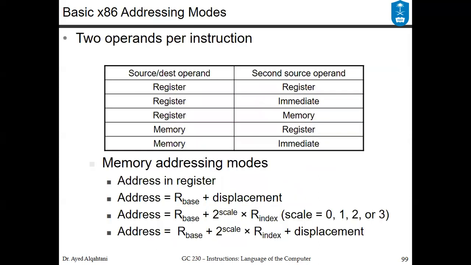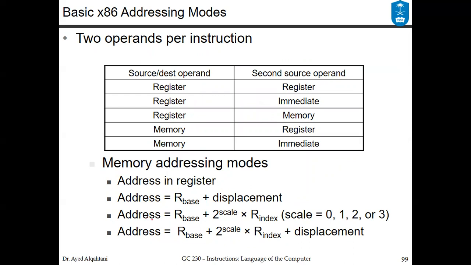Next, we have the addressing modes. We have 2 operands per instruction. Remember, in the MIPS, we have 3 operands, 2 source and 1 destination. In the x86, you have only 2 operands. And you have the following address modes. Either you do the address in the registers, or you have the address as a base with displacement, and we know those 2.